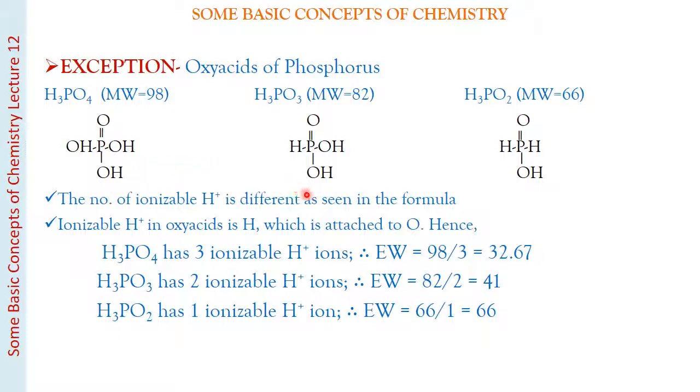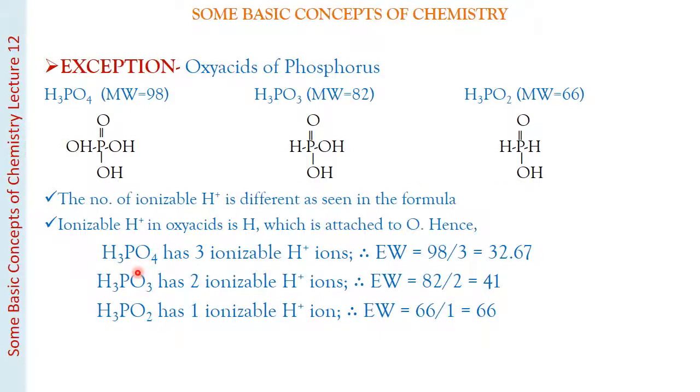In H3PO3, we have 2 H ions which are attached to oxygen and 1 which is not. So we have 2 ionizable H ions and the Z factor therefore is going to be 2. And in H3PO2, we have only 1 H ion attached to oxygen. So here the ionizable H is only 1 and the Z factor would be 1.